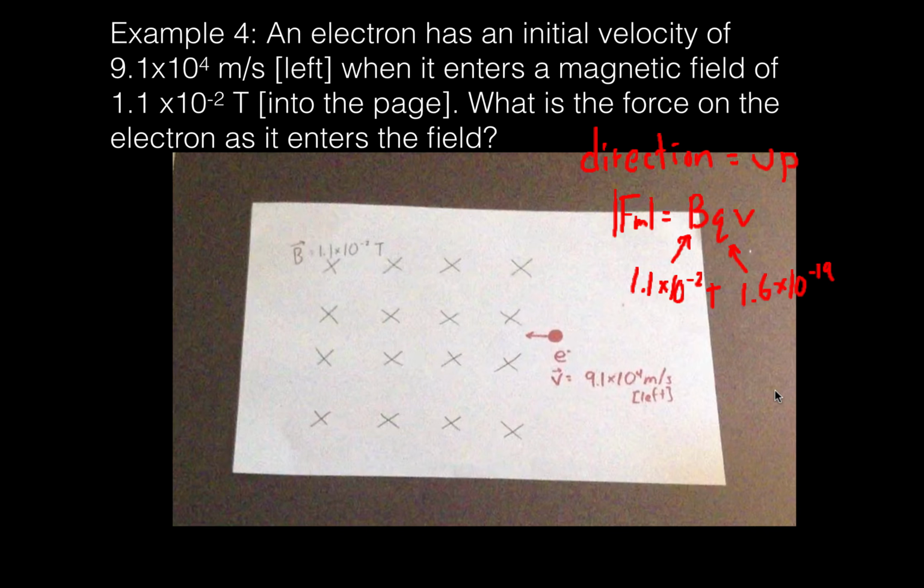You'll notice I didn't put the negative sign in for the charge, even though we know electrons are negative, because we don't want to confuse the negative with direction. The velocity of the electron is 9.1 times 10 to the 4 meters per second. This gives us a magnetic force equal to 1.6 times 10 to the negative 16 newtons, and we put in the direction that we found from the third hand rule, which is up.